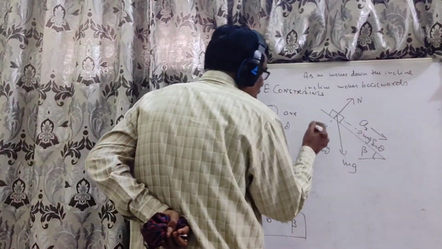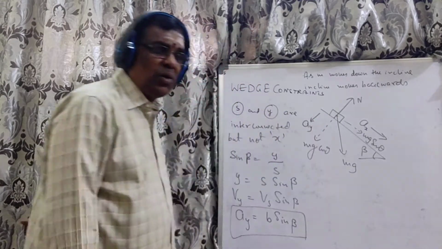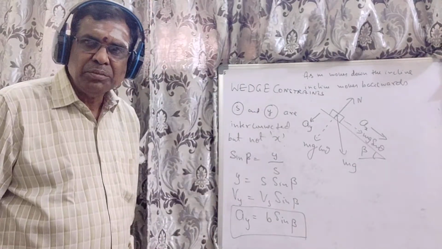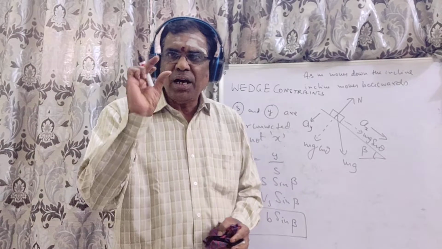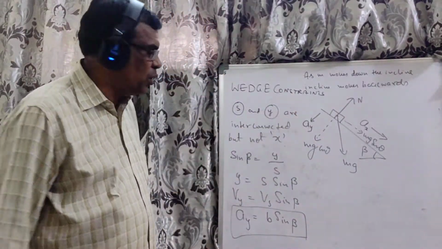It has a movement towards y also, so let its acceleration be ay. Remember, there are two bodies here. One is the incline, the other is the tiny body. First I am doing it for the tiny body.